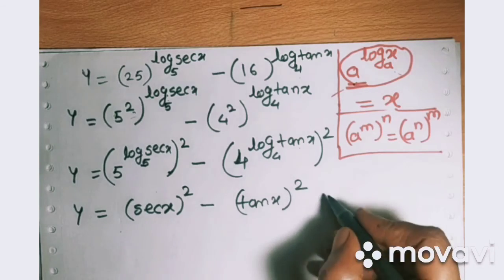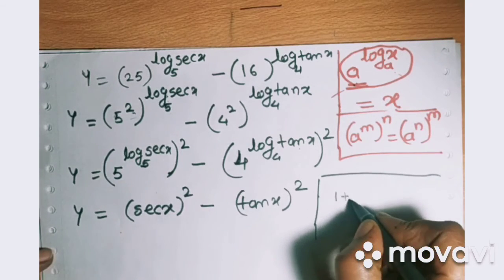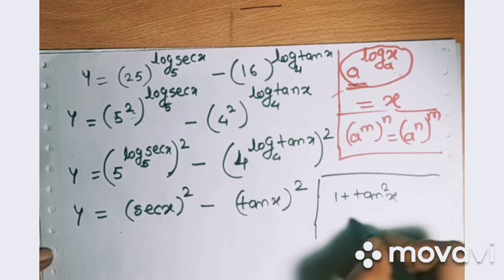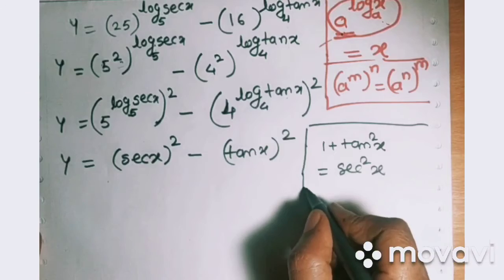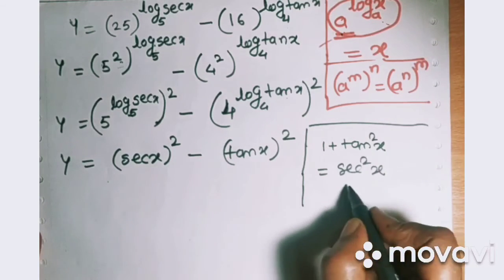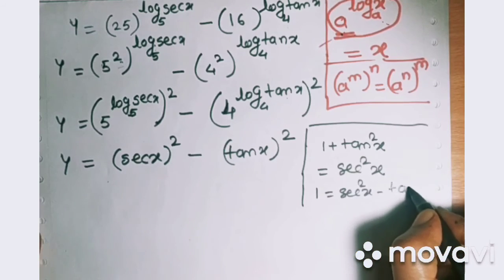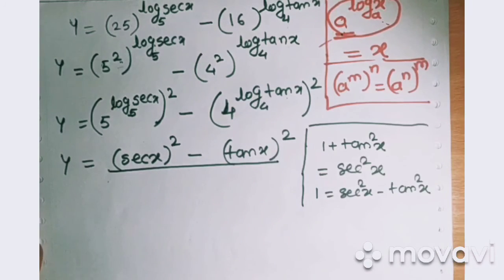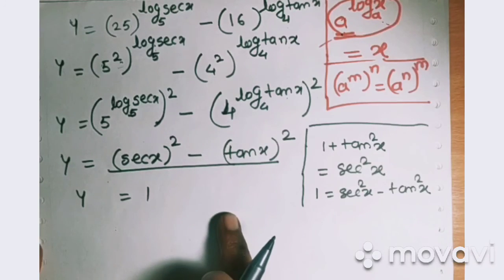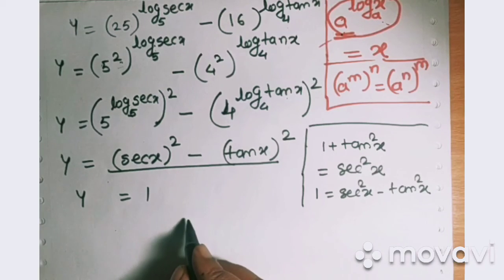We also use one of the identities here, that is 1 plus tan square x is equal to sec square x, which can also be written as 1 is equal to sec square x minus tan square x. Use the identity for this example, therefore y is equal to 1. We have simplified all the terms of this example and we get y is equal to 1.